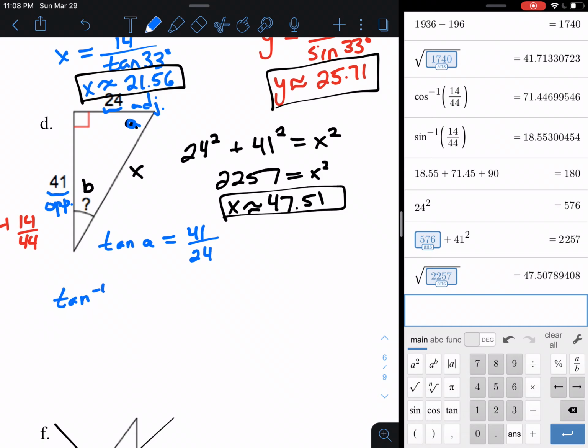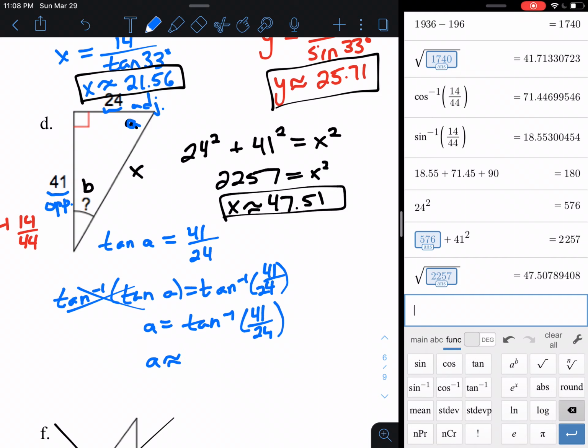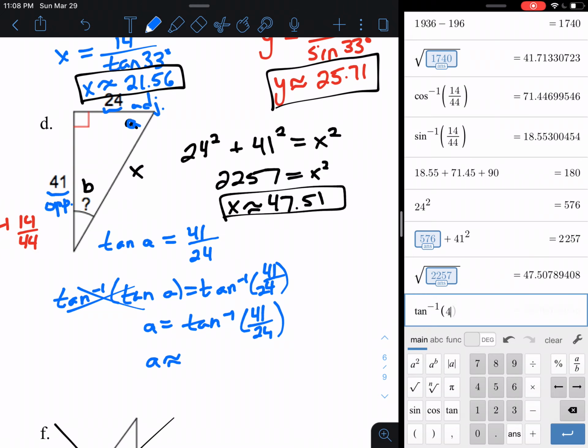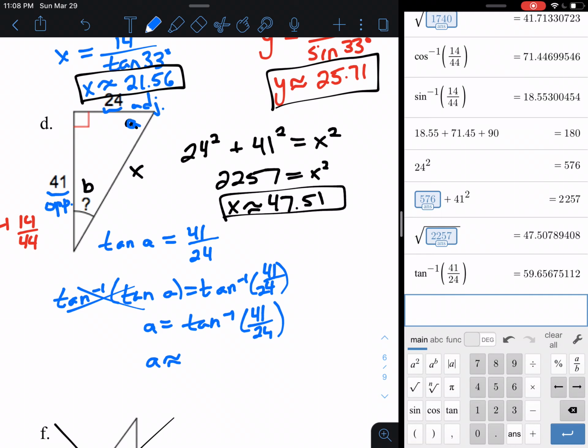Again, to solve, we'll then take the inverse tangent of each side of our equation. So what that'll tell us is that A is equal to the inverse tangent of 41 over 24. And then we can type that into our calculator to get our approximate answer. So inverse tangent of 41 over 24 is approximately 59.66.